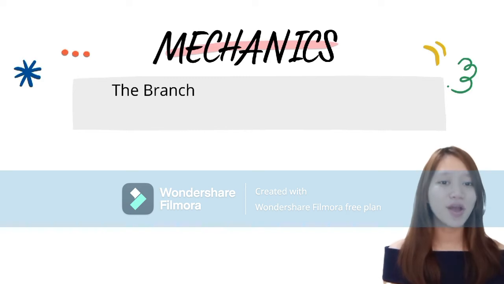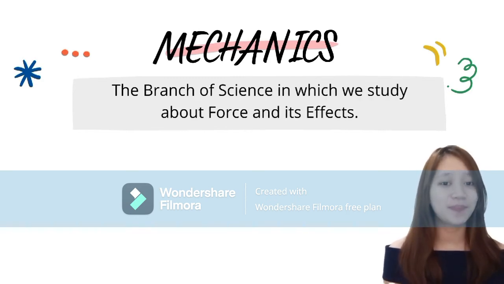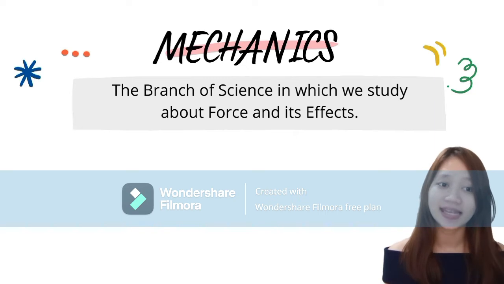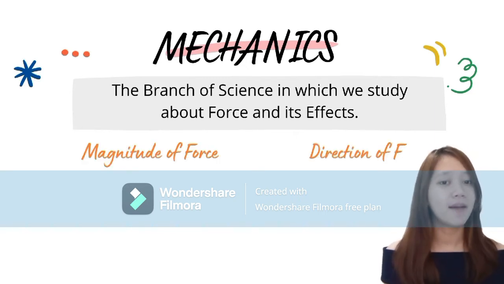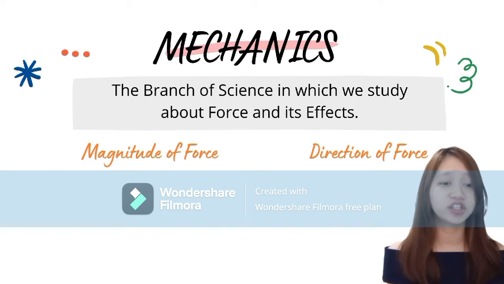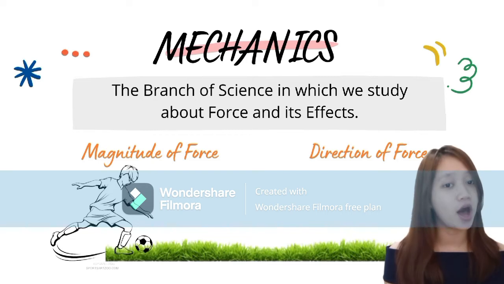Now, let me also clear up your concept of mechanics. Mechanics is a branch of science in which we study force and its effects. By effect, I mean the magnitude of force, direction of force, and so on. For example, consider a stationary football.